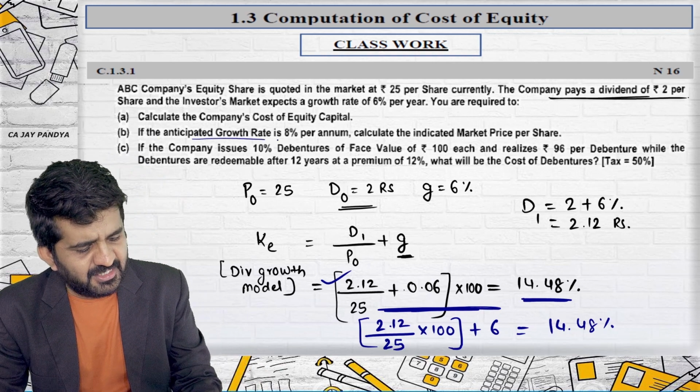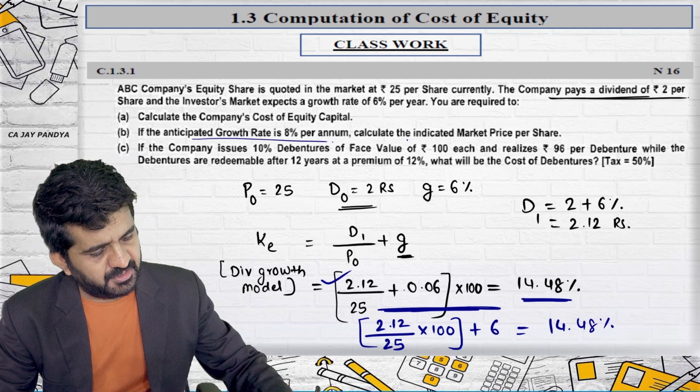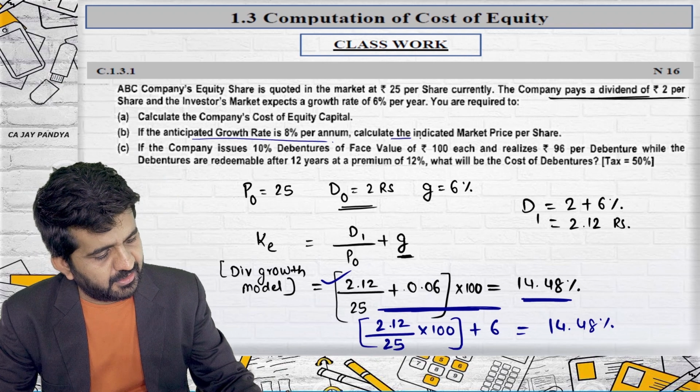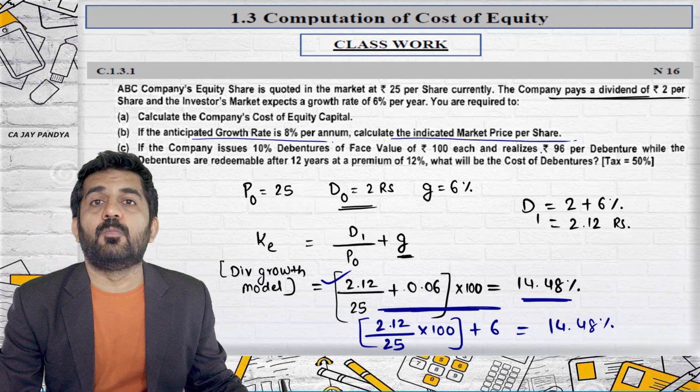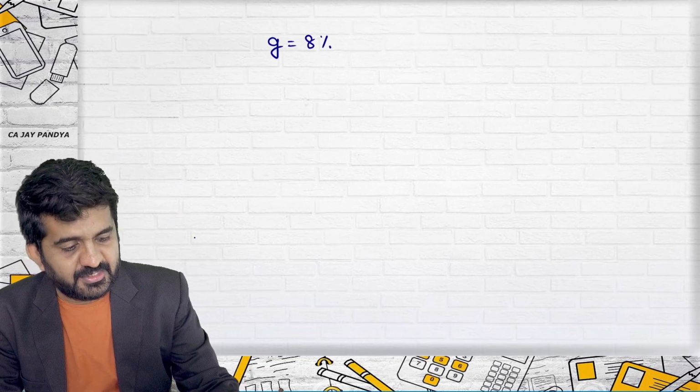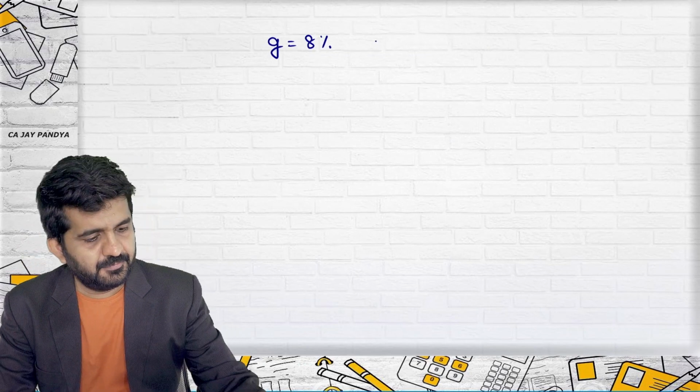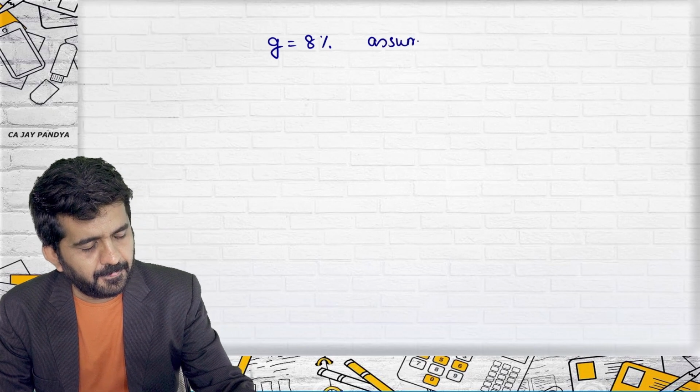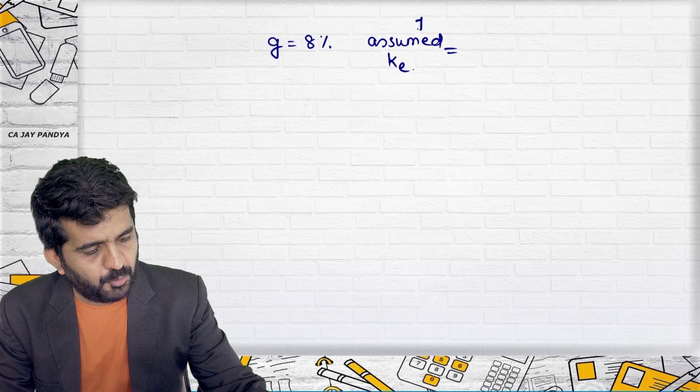If the anticipated growth rate is 8% per annum, calculate the indicative market price. If the growth rate is 8%, assume KE as in point number 1.